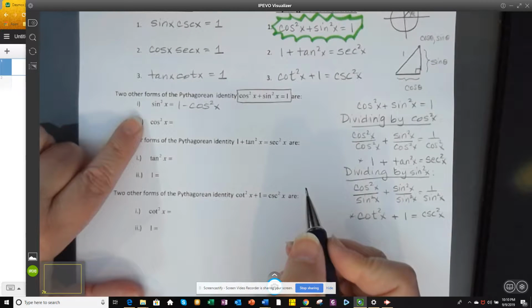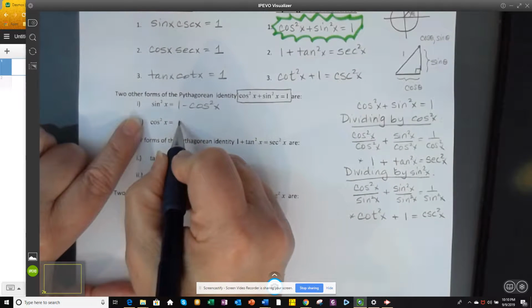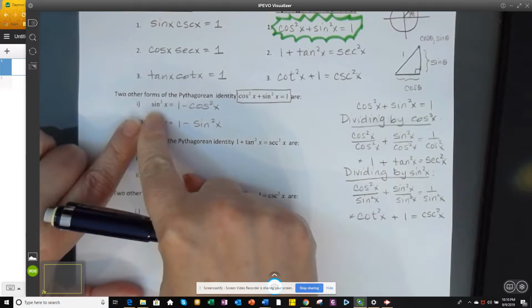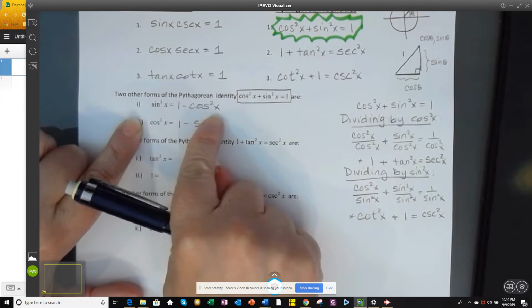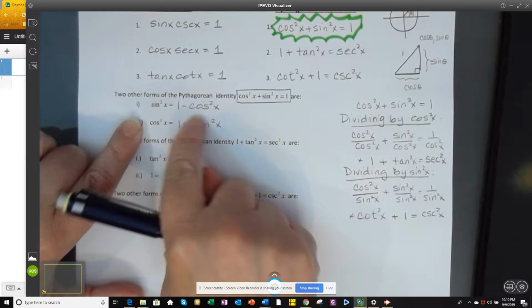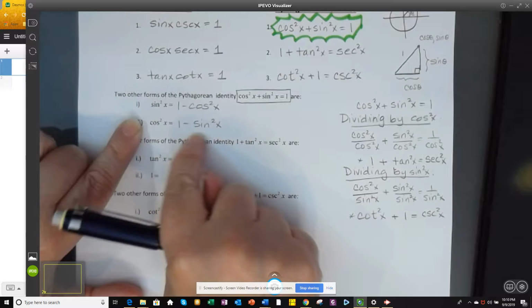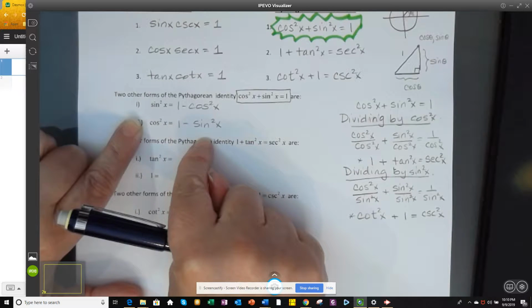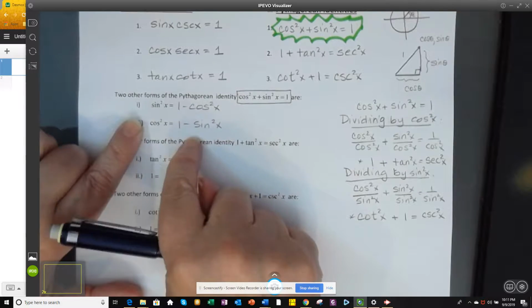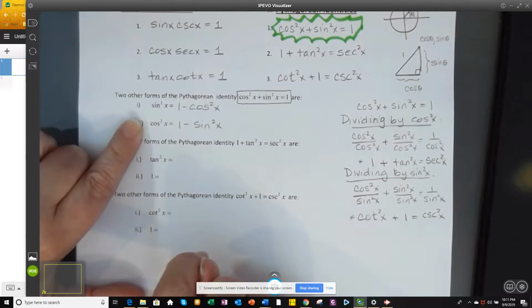And then if I solved it for cosine squared x, it would be 1 minus sine squared x. Now, you might say that replacing sine squared with something where subtraction is more complicated, but guess what? This factors. This is the difference of squares, and so is this. And so sometimes it's important for us to have something in our equations that will cancel. So these can be really helpful from time to time.